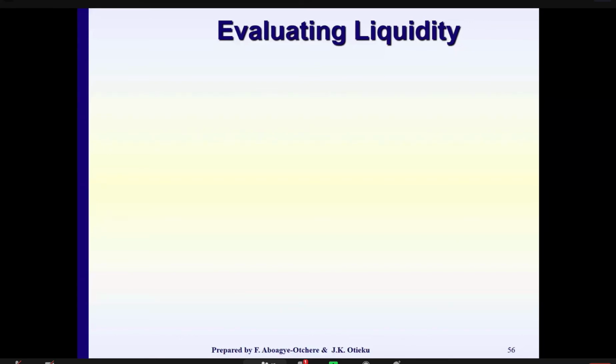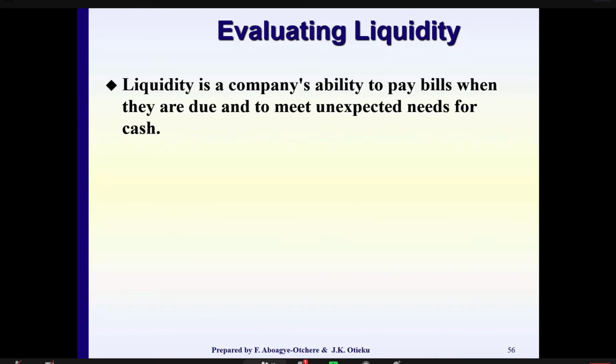Okay, so one of the ratios that we want to look at is liquidity. And liquidity has to do with ability to pay unexpected needs. So an entity may have current obligations. The current obligations will include payment to suppliers, payment to employees, and so forth.